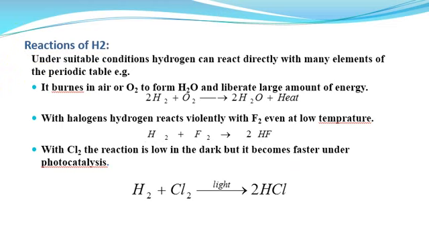Regarding the reaction of hydrogen, we said that there is no free hydrogen atom in nature. Hydrogen atom as just a single H is not available in the earth's crust or in the atmosphere.